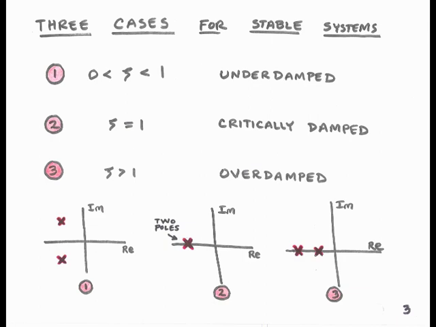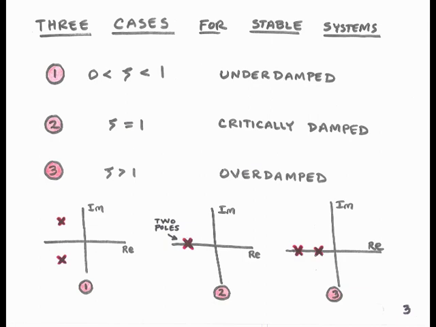So here are the 3 cases that we're interested in. The first is where the damping factor zeta is between 0 and 1, and this is referred to as the underdamped case. The second case, zeta is equal to 1, and this is the critically damped case. And for the third case, zeta, the damping factor, is greater than 1, and this is referred to as the overdamped case.